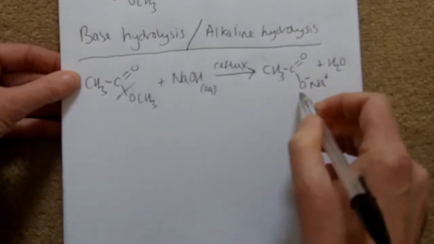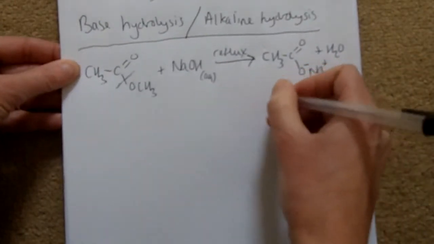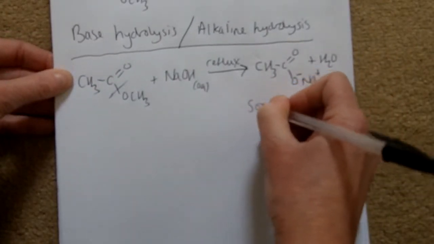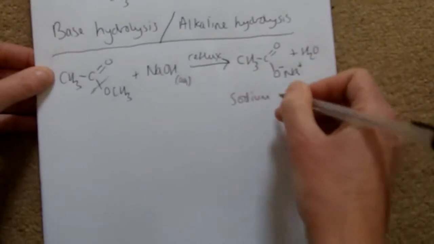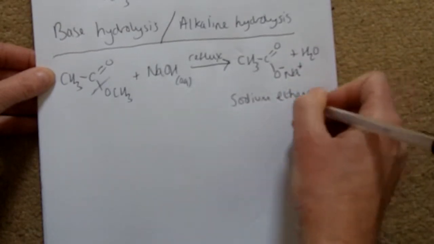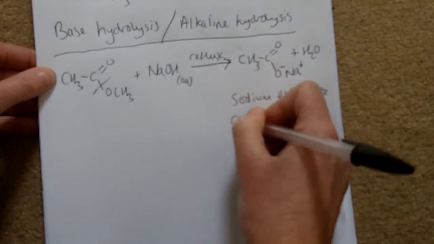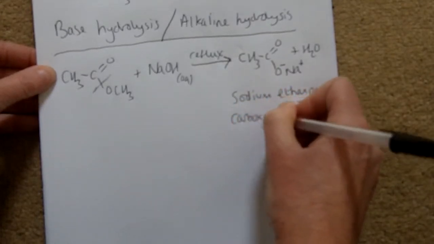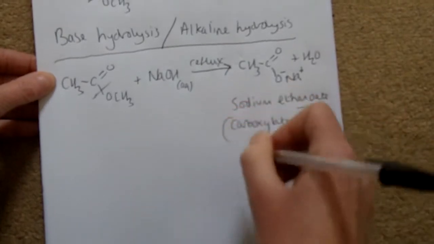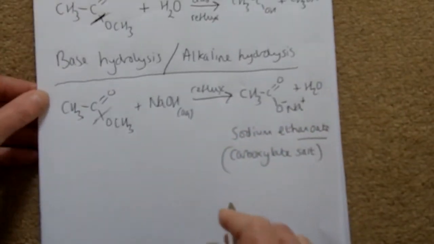That is called the carboxylate salt. You name it a bit like an ester: sodium ethanoate. It's called a carboxylate salt or carboxylate ion.